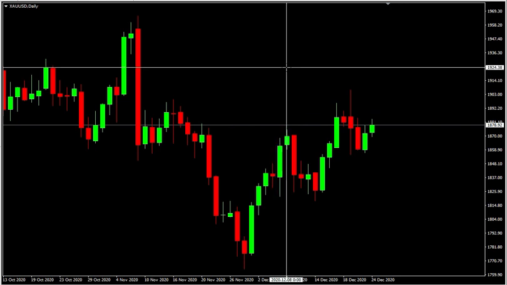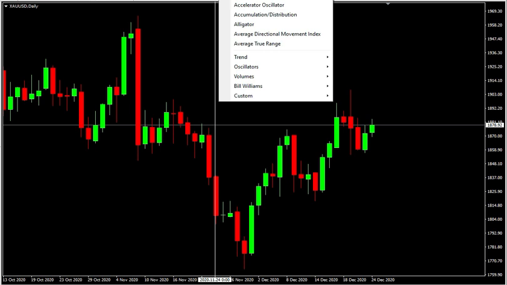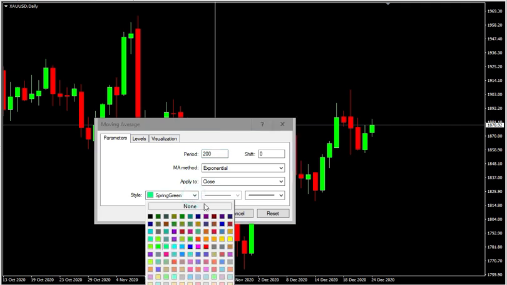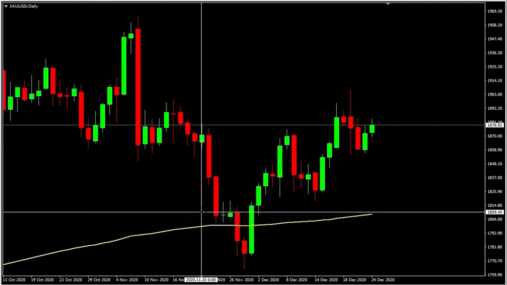Now this is the daily chart. Now what we're going to do, we're going to plot a moving average which will be 200 period, 200 exponential, and give it a yellow color and make it a bit thick, and then color it.